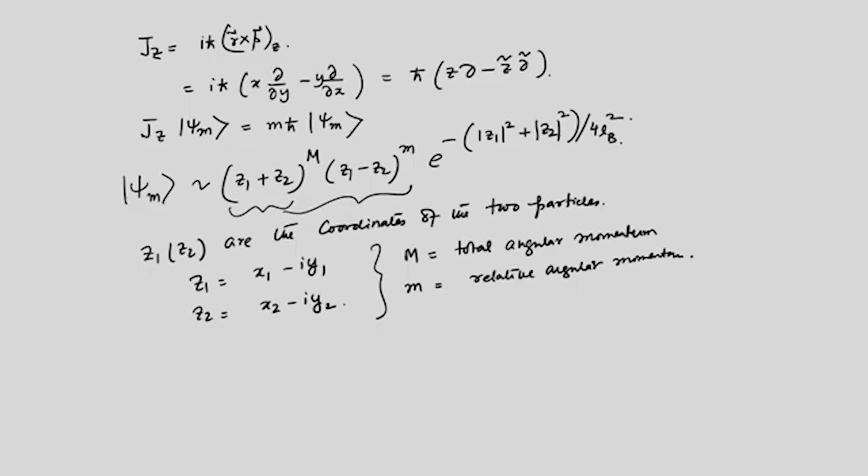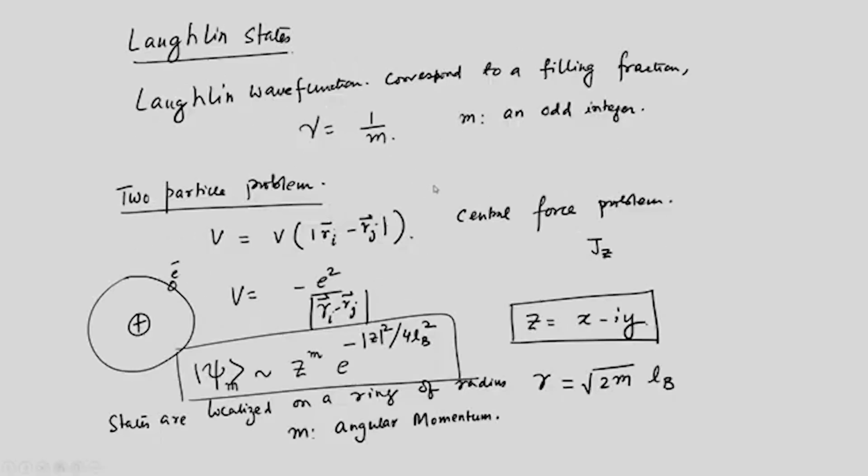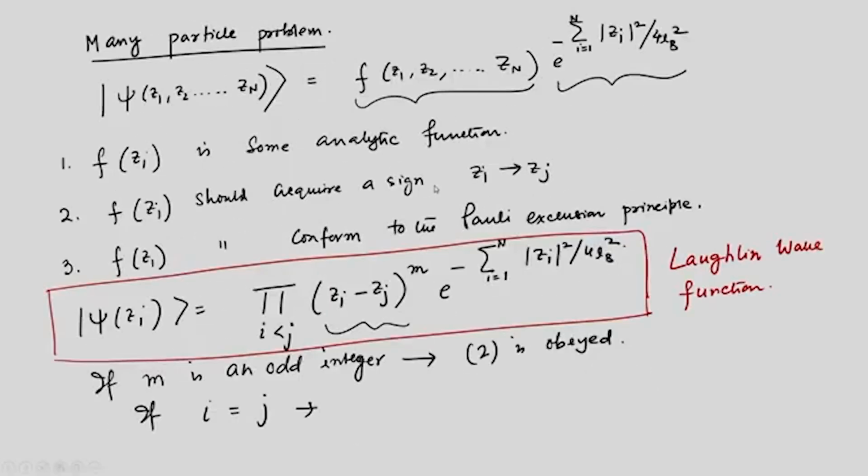That is what Laughlin did, and Laughlin wrote down this wave function with this Jastrow factor, which has certain properties, and these properties 1, 2, 3 are the properties that f of z should obey. In keeping with all these properties, one can write down this Jastrow factor as z_i minus z_j whole to the power m.